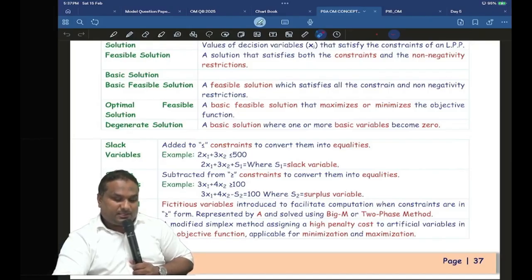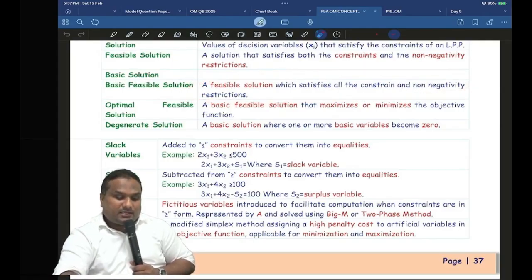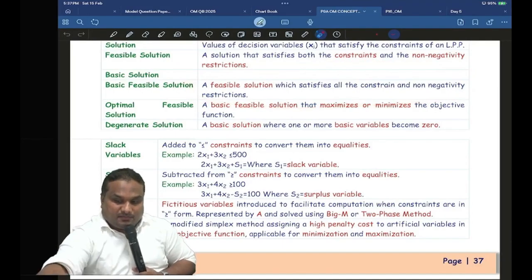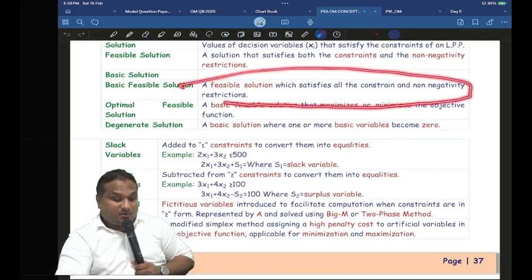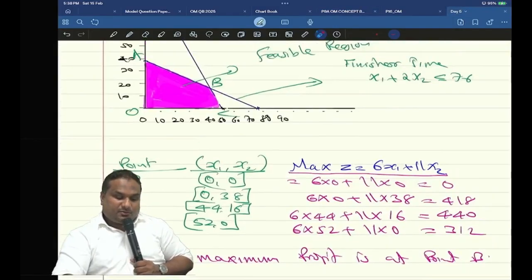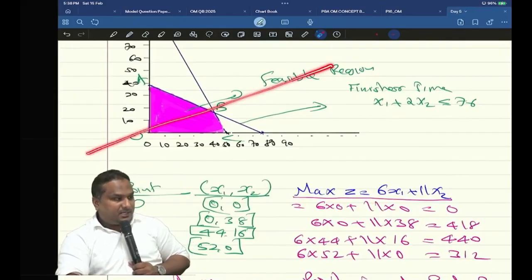Another terminology is: what is a degenerate solution? Before degeneracy, a feasible solution which satisfies all the constraints and the non-negativity restriction is called a basic feasible solution. Suppose we have a graph, like x1 minus x2 greater than or equal to 0.